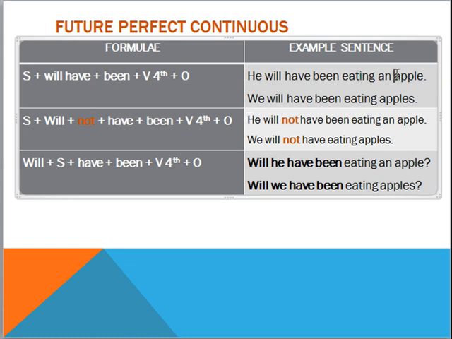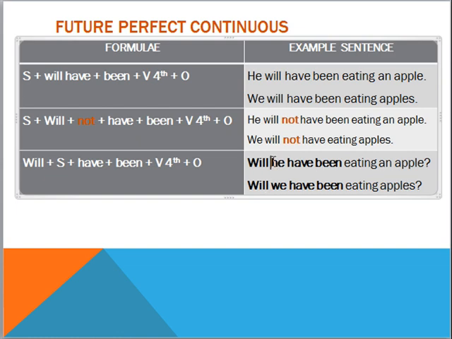In negative, he will not, after will we put not, have been eating an apple, or we will not have been eating apples. And in interrogative, we bring only will to the beginning of the sentence, so it becomes: will he have been eating an apple, or will we have been eating apples.